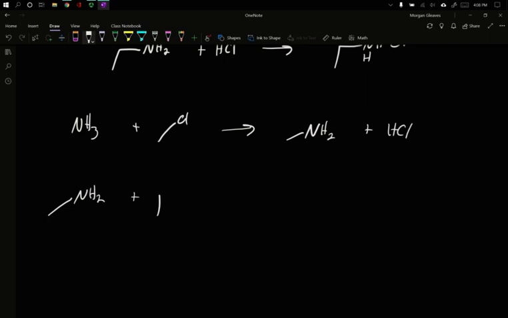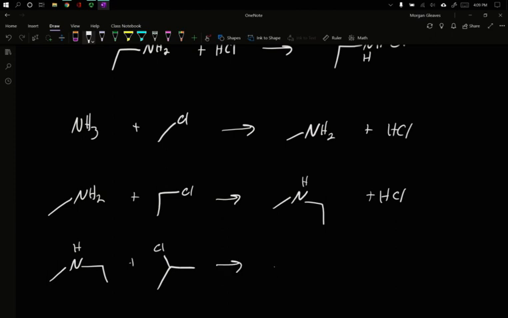You could then add to this an ethyl group with a halide. This would give you a methyl on the nitrogen, an ethyl, and more HCl. You'd have to clean it up again, and then you could react that a third time with, let's say, an isopropyl with a chlorine. So 2-chloropropane reacts with it. You get a nitrogen with a methyl, an ethyl, and an isopropyl. So you can easily mix and match what groups are on your amine using this alkyl halide route.